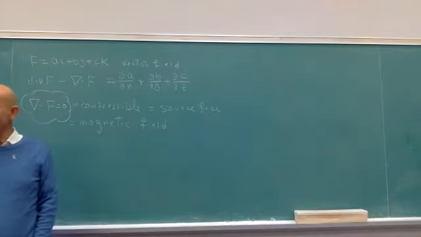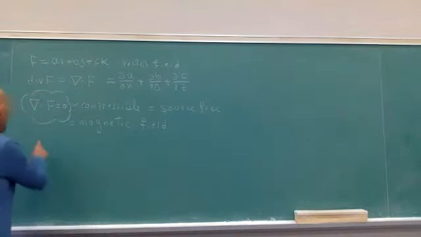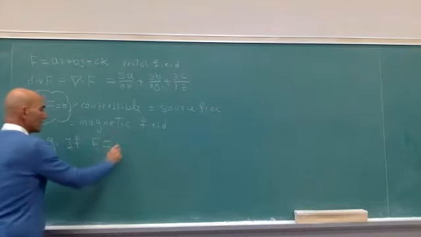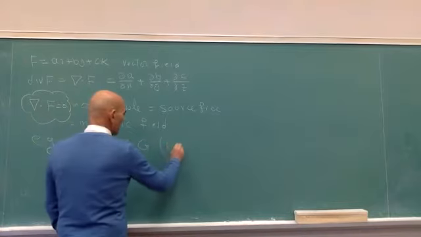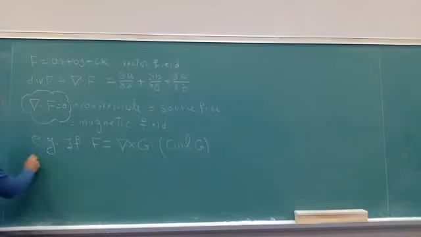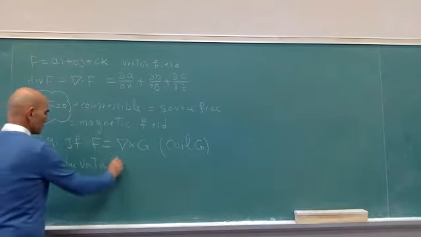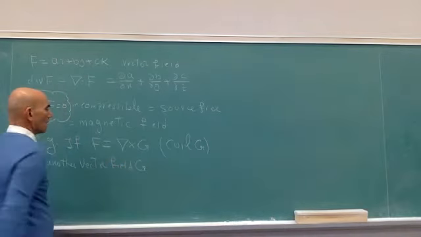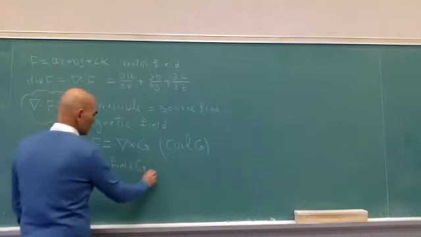Yeah, if F happens to be the curl of another vector field, this is guaranteed. We check that, right? So, for example, if F is equal to curl of G, for another vector field G, then we check that, in fact, divergence of curl is equal to 0.